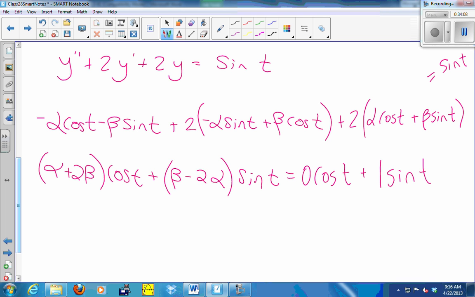So you said the coefficients are equal. So alpha plus 2 beta has to be 0, and beta minus 2 alpha has to be 1.